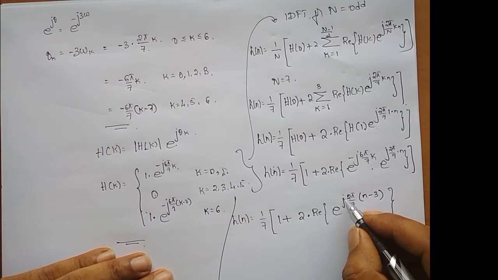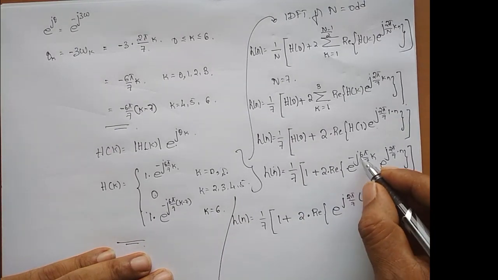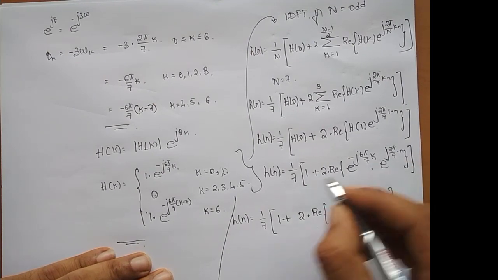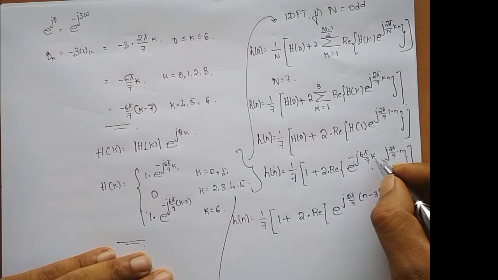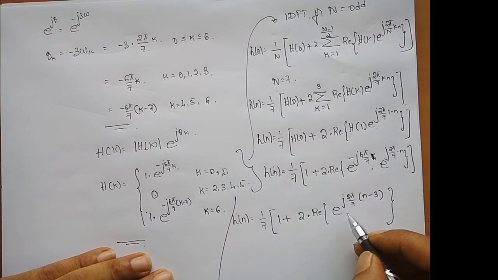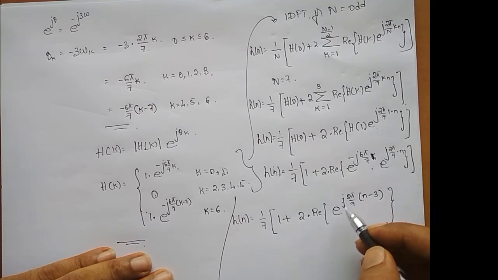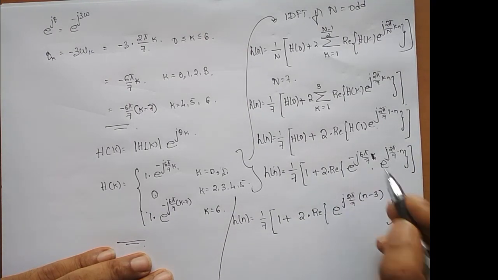So e power minus j 6 pi by 7, and here since k is for 1, I have to put 1 here. So now it is proper: e power j 2 pi by 7 into n, and e power minus j 6 pi by 7.